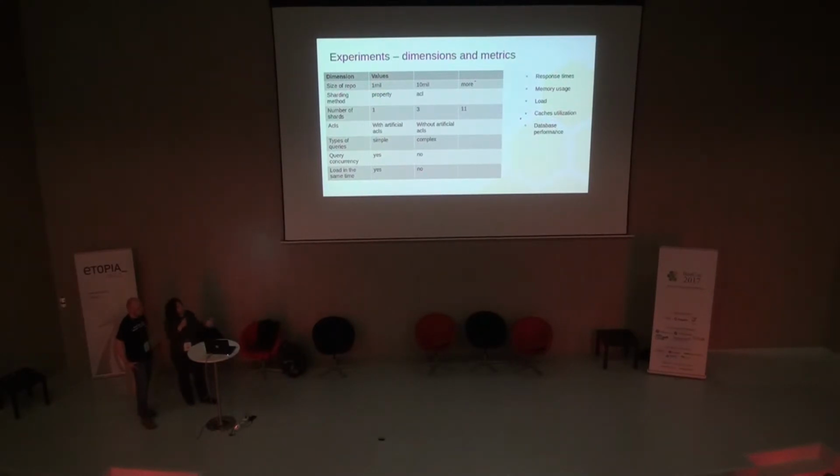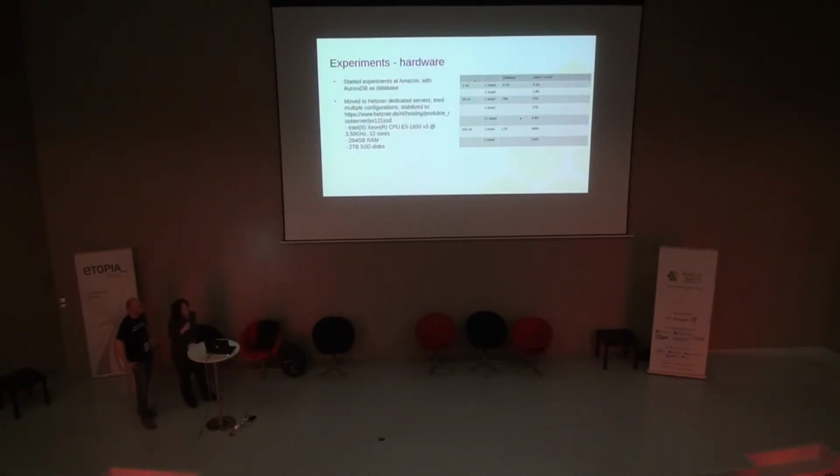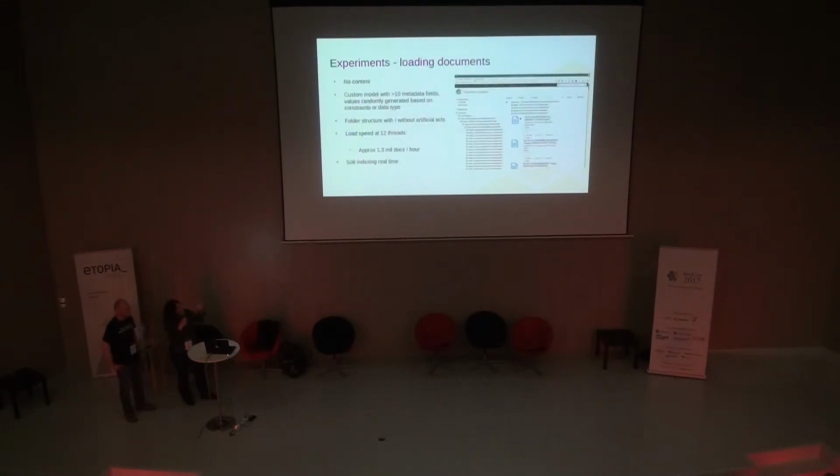And we measured a number of things, most important and obvious, the response times of the queries. We started at Amazon. We quickly realized it was going to get out of control there in terms of costs. So we moved to Hetzner. We used a dedicated server, very powerful, as you could see there.